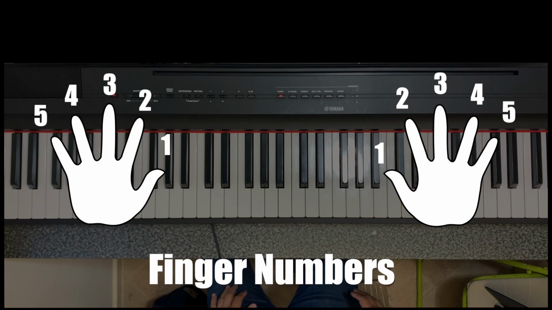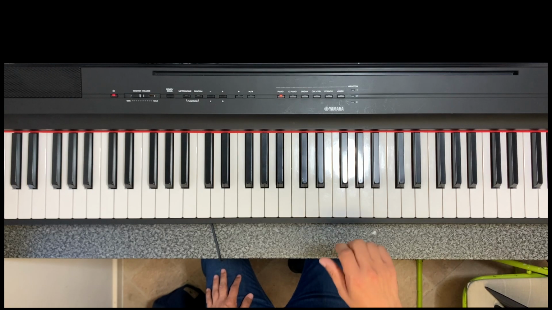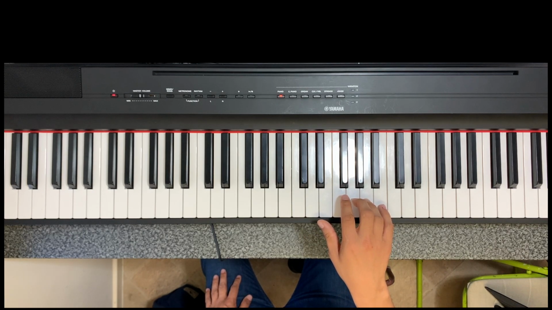So let's get started with today's tutorial. I'm going to go over the right hand first to begin. What we do is we get the finger numbers 2 and 4 starting on F and A, and you play those two together.